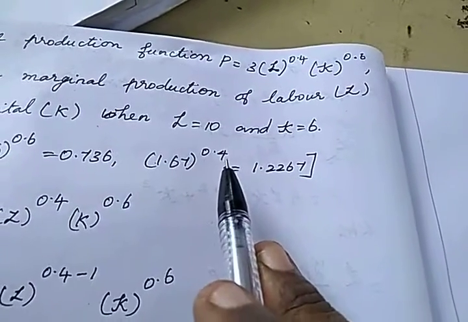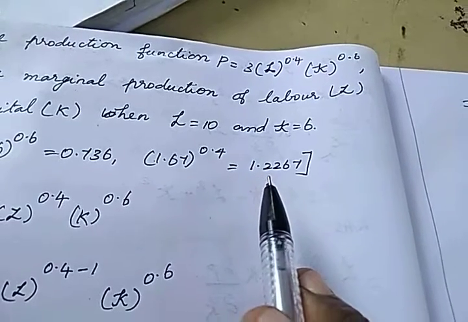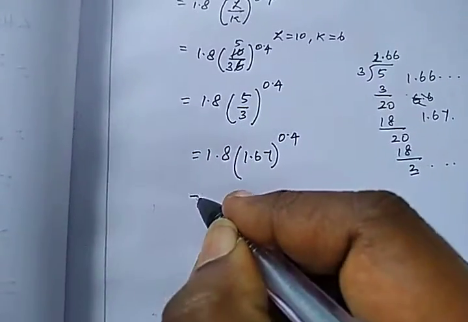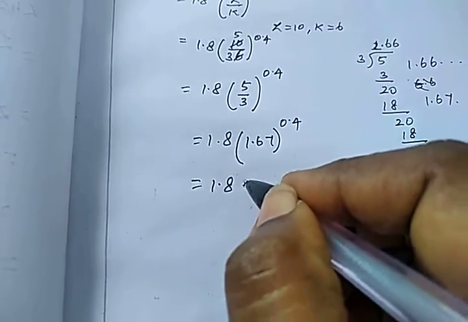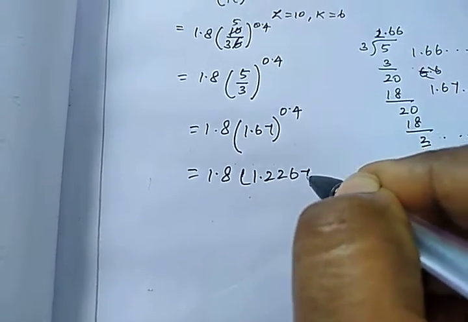1.67 whole to the power 0.4 may be written as 1.2267, which is equal to 1.8 into 1.2267.